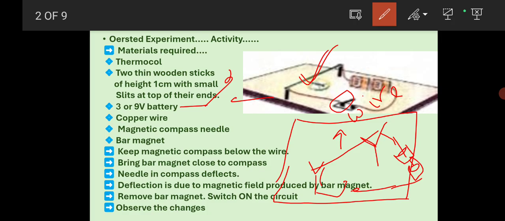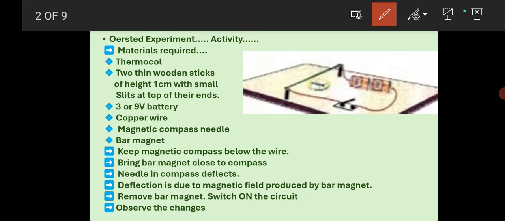Again I will show. This is the wire, with wooden sticks with slits. In that slit we adjusted this wire. Key, 3 or 9 volt battery, and these are copper wires. A closed circuit.